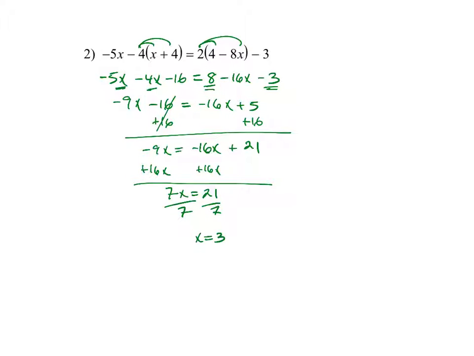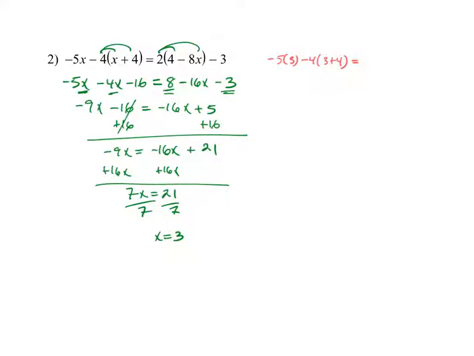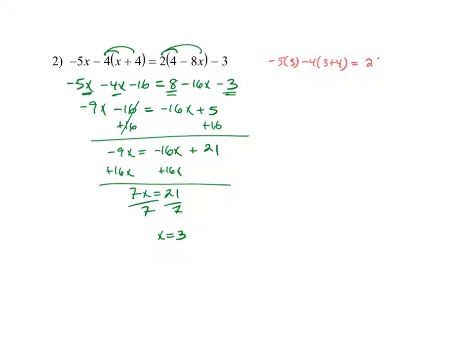I'm going to check my solution. So negative 5 times 3 minus 4 times 3 plus 4 equals 2 times 4 minus 8 times 3 minus 3. So negative 15 minus 4 times 7 equals 2 times 4 minus 24 minus 3.